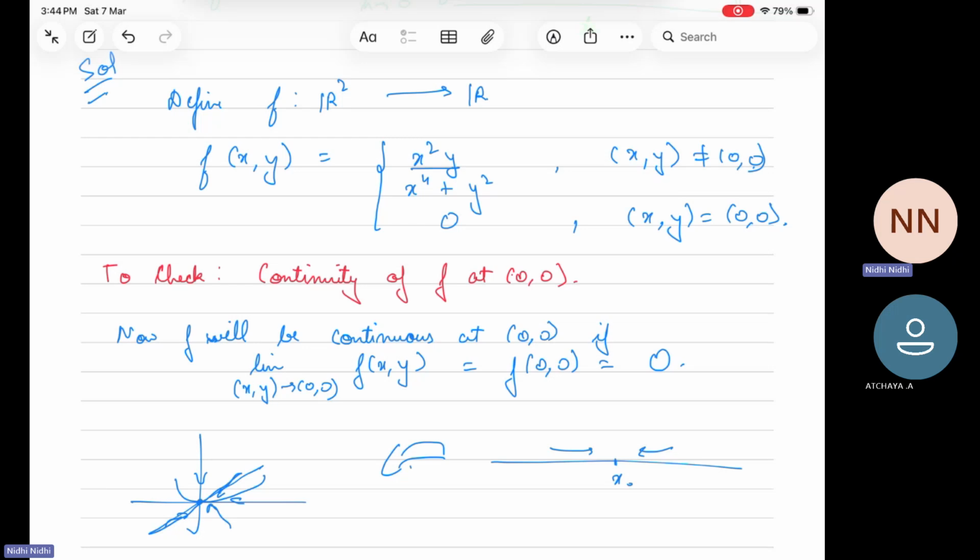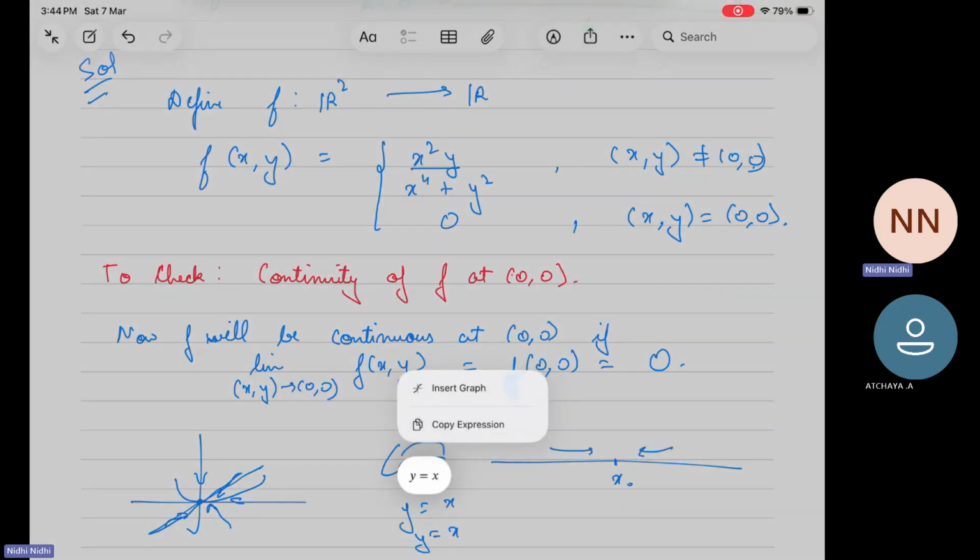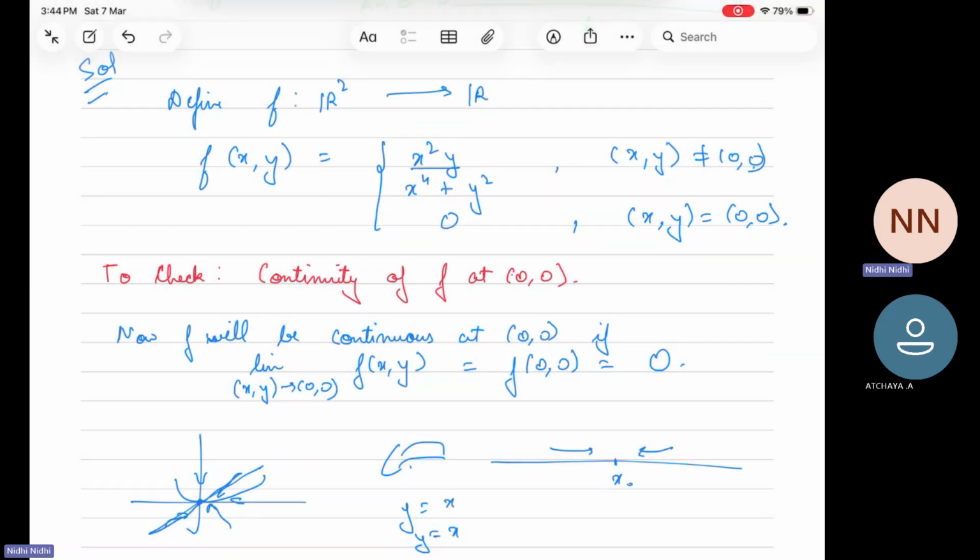In this case, if we can show two distinct paths which pass through the origin, for example the paths y equals x and y equals x squared, both of which pass through the origin, and if the limit is different in both cases, then we can directly say that the limit does not exist.